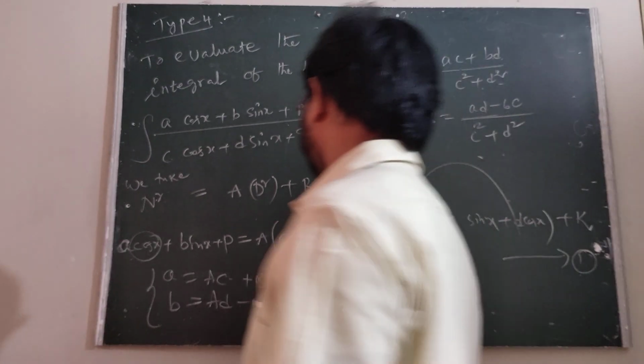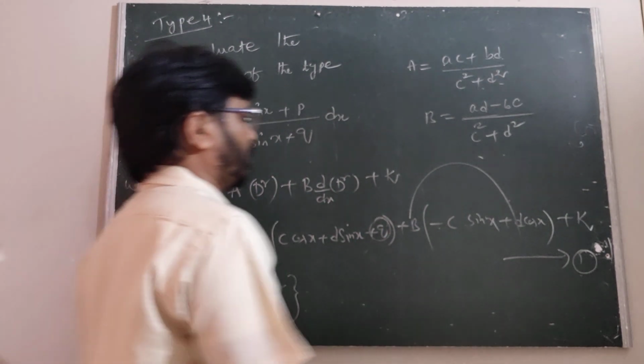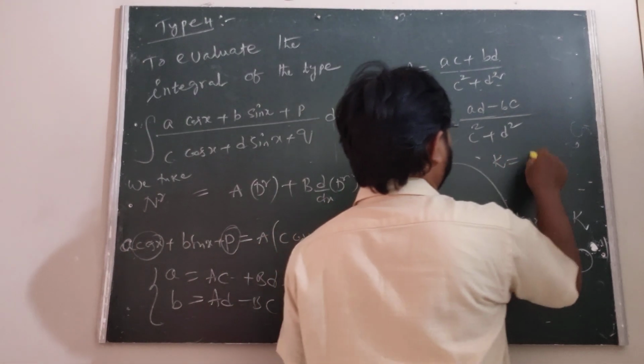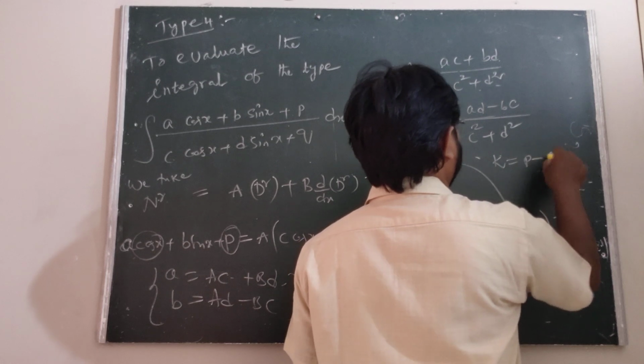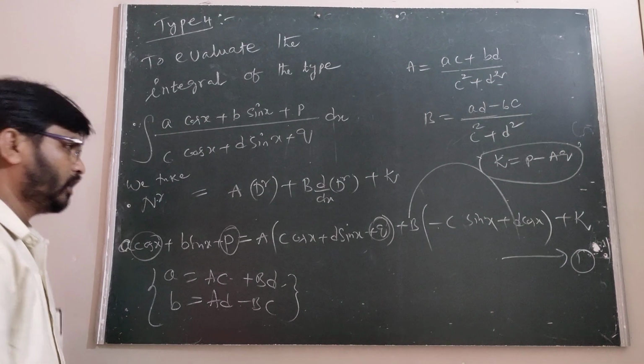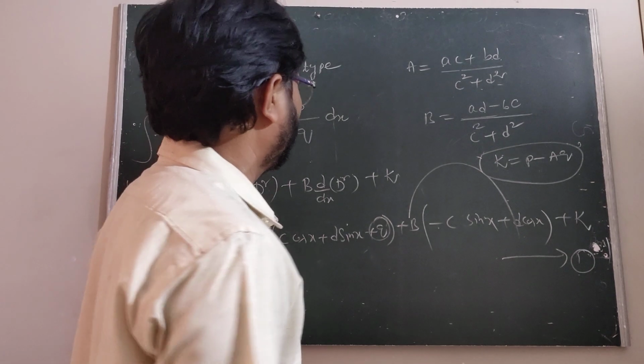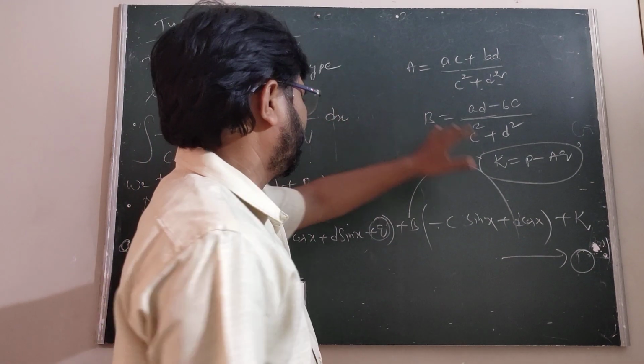Now after that we equate the constants on both sides. Then we get k equals p minus Aq. Therefore k equals p minus Aq. These are the A and B and k.